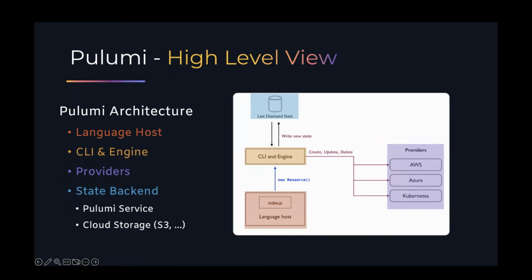state backend. And here you can see we have different, I have to press pause, it doesn't slide forward. We have different backend possibilities. Of course, we have the Pulumi service or Pulumi cloud, where we take care of your service. It's completely free for OSS users.